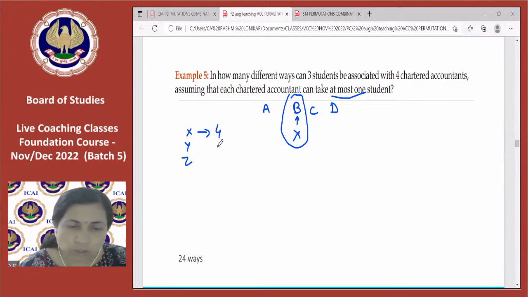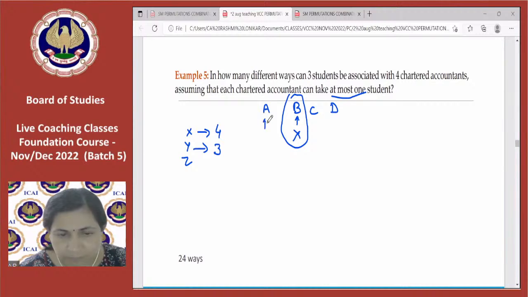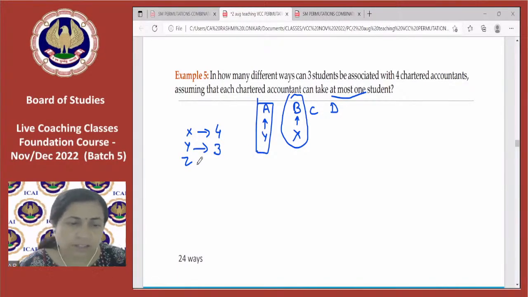Now Y will see that he has 3 options: A, C, and D. So Y has 3 options. Suppose he goes to A. So Y joins A's office. Then what will happen to Z? He has the option of C and D. He still has 2 options.